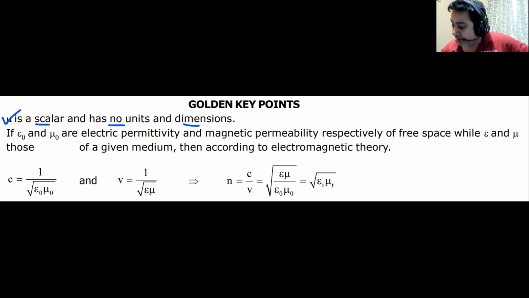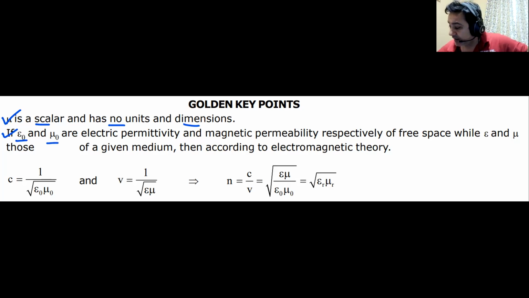Yes, sir. Mu naught is known as permeability of space or magnetic permeability, and epsilon naught, you must have heard in the chapter on electrostatics, is the absolute permittivity of vacuum.